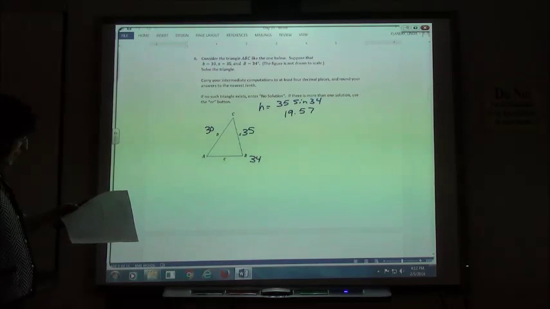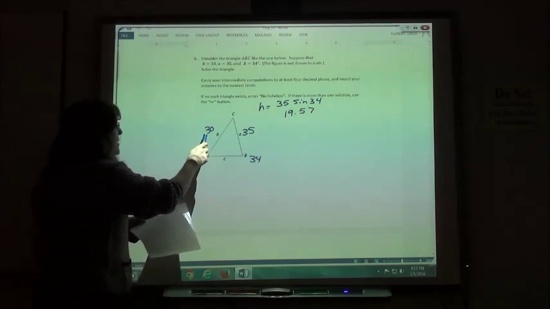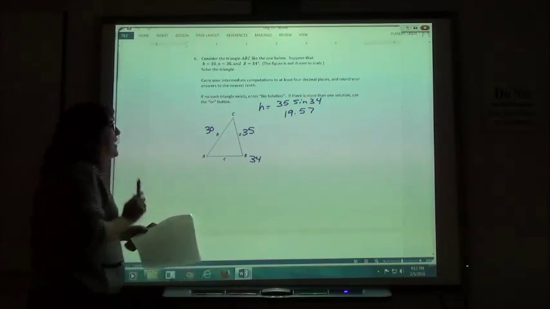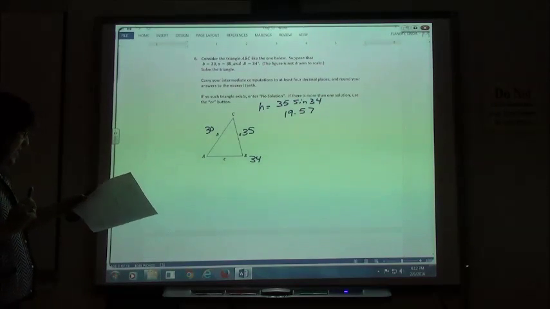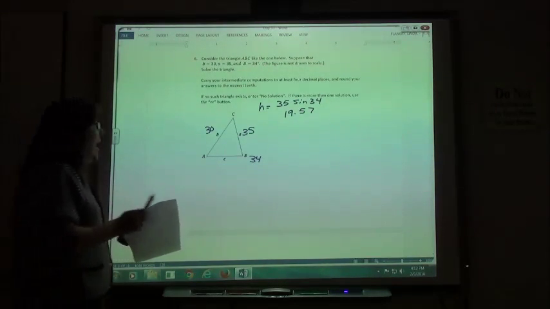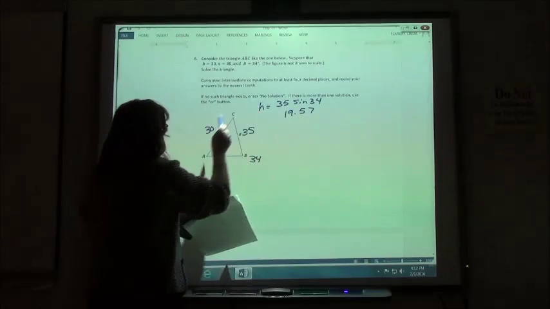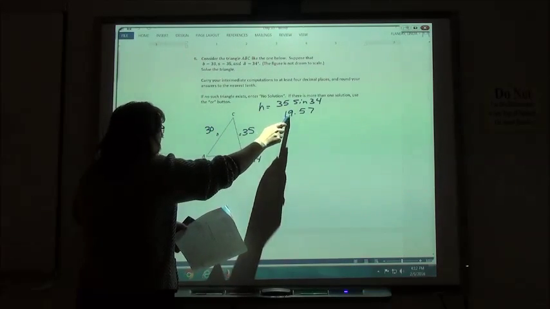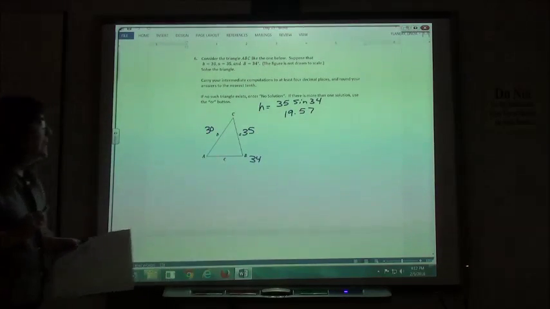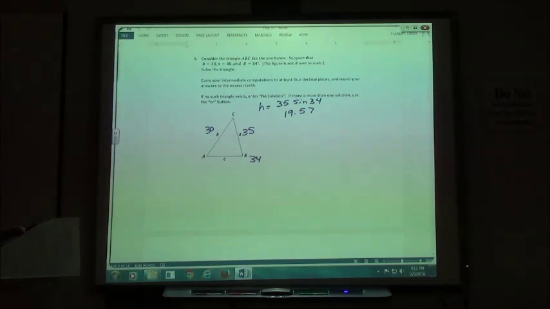So we check the next part. Is the opposite side less than the adjacent side? Yes. Is h greater than the opposite? No, h is not greater than the opposite. 19 is not greater than 30. So we know we don't have zero triangles, which probably means we have two triangles, but we'll look at our test.